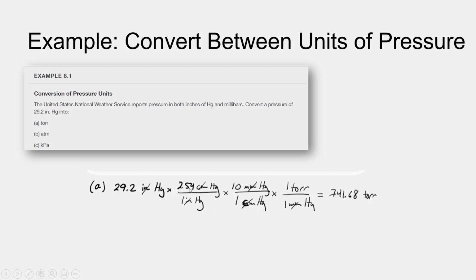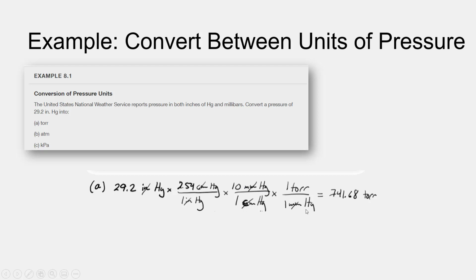Remembering that there are 2.54 centimeters in an inch, we have 2.54 centimeters of mercury per inch of mercury. There are 10 millimeters in a centimeter. So we can get our original measurement in millimeters of mercury if we take 29.2, multiply by 2.54, and multiply again by 10. That will give us our measurement in millimeters of mercury.